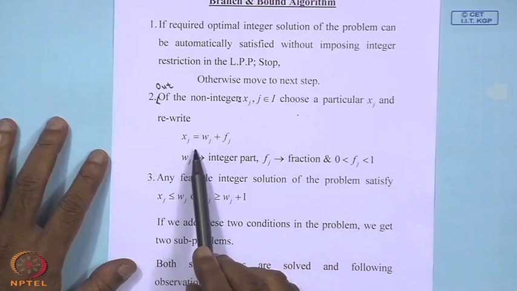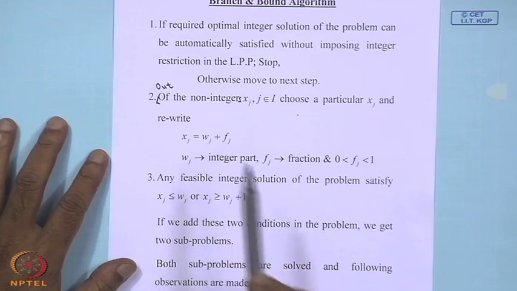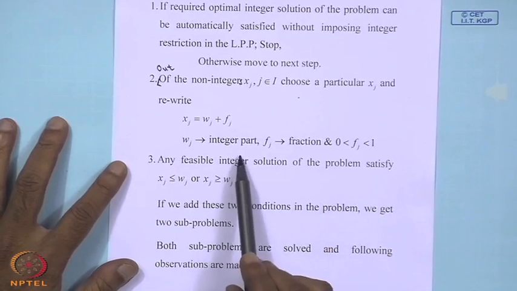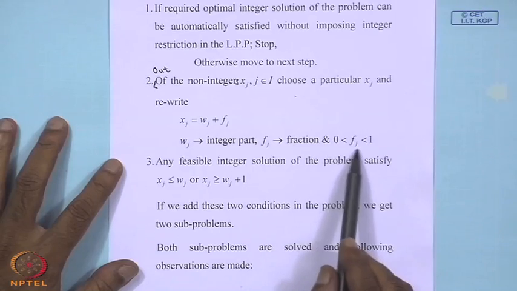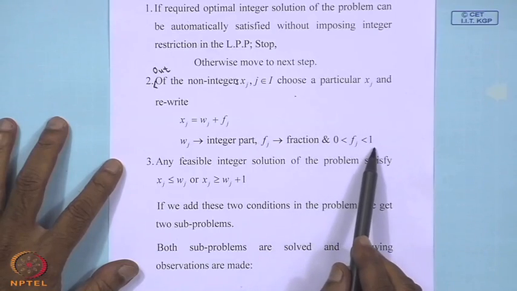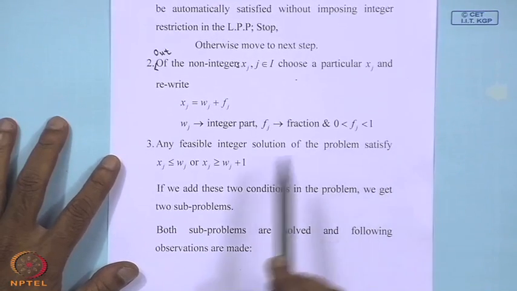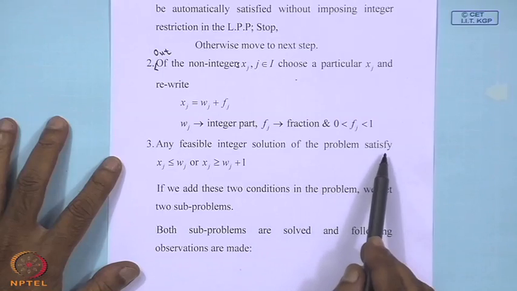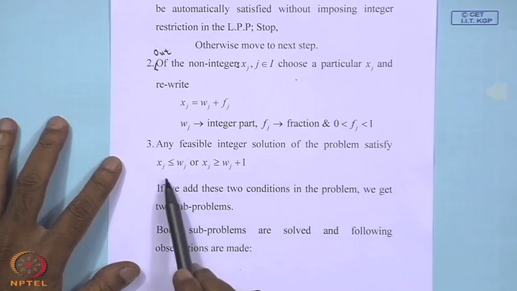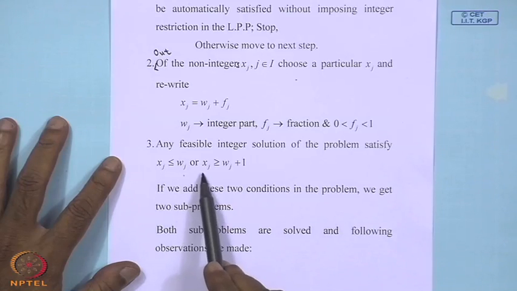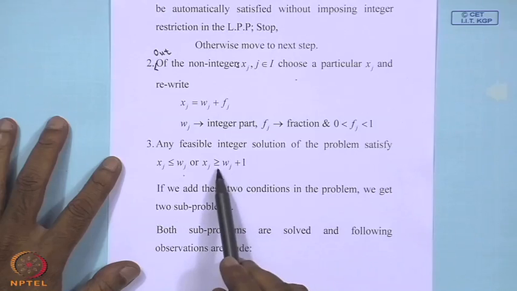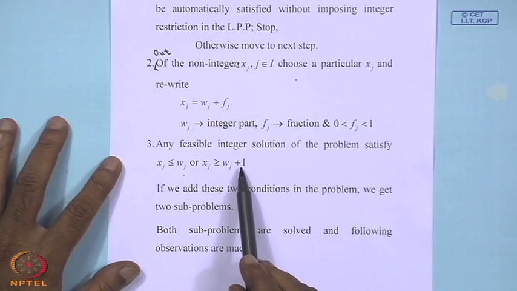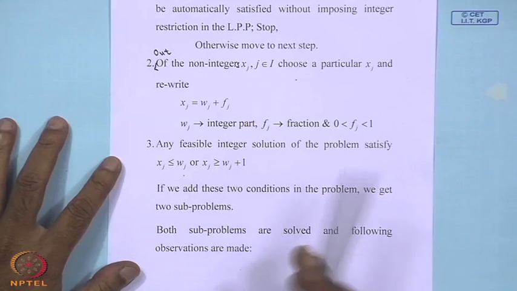As I have told you earlier, x_j is equal to w_j plus f_j, where w_j is the integer part and f_j is the fractional part, and obviously 0 is less than f_j less than 1. So, any feasible integer solution of the problem will satisfy either x_j less than or equal to w_j or x_j greater than or equal to w_j plus 1, as we have told earlier. We showed this on the earlier slide.